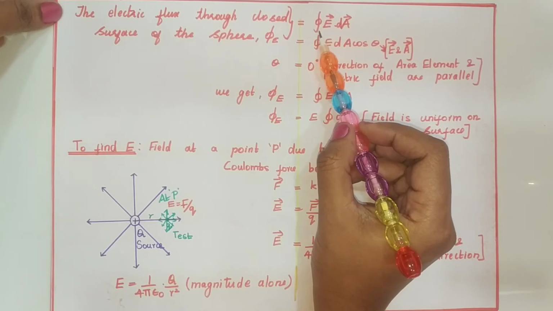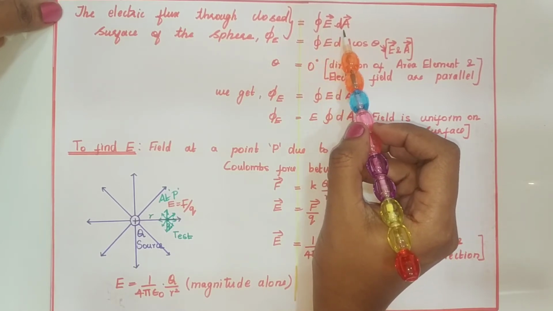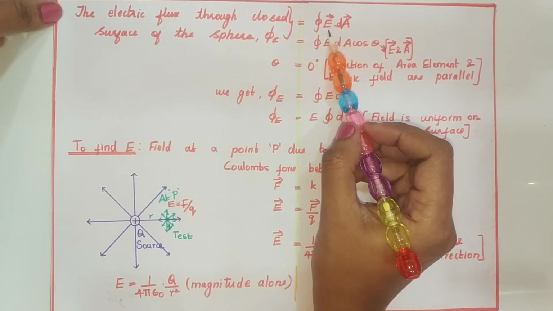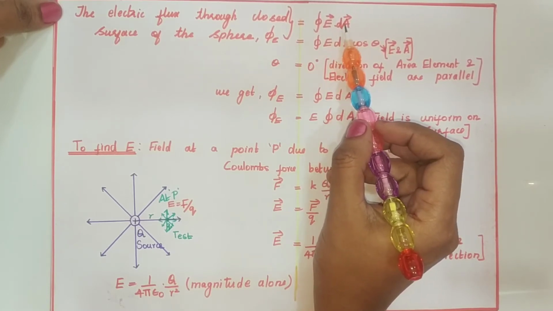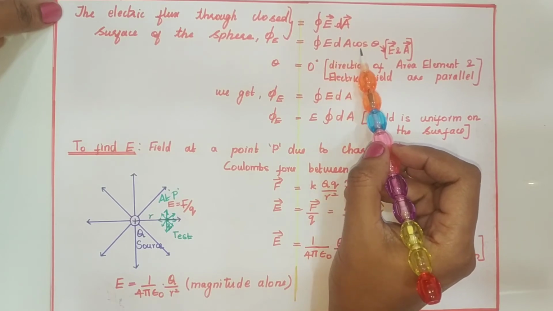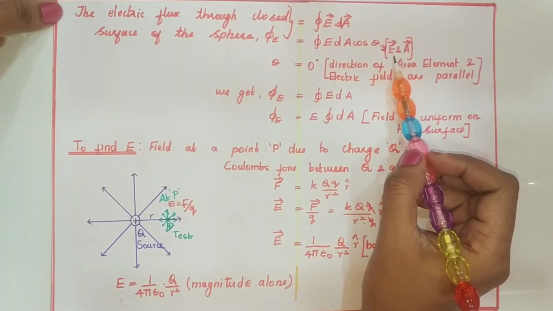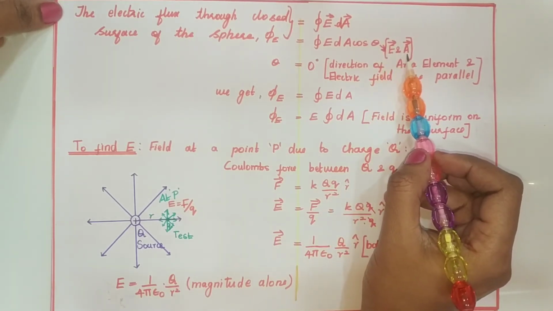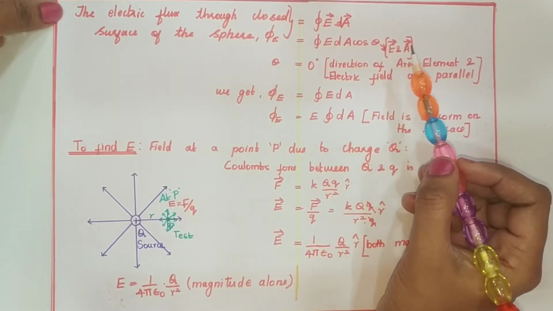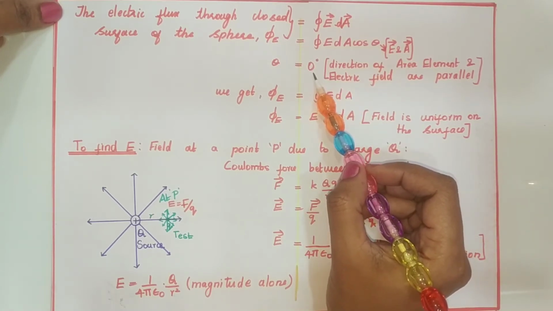Okay, that's what we have written, closed integral. And what about the dot product of these two vectors, E vector and dA vector? We can write it in the form of a scalar, E dA cos theta, with theta representing the angle between the electric field and the direction of the area element. Since they both are parallel, the theta value is 0.